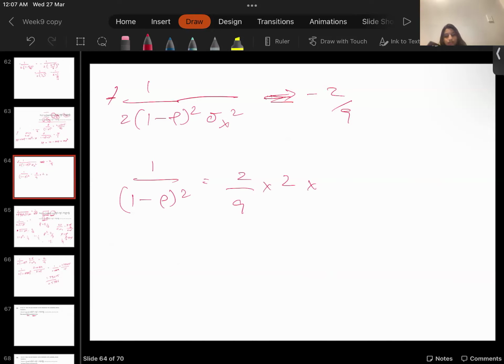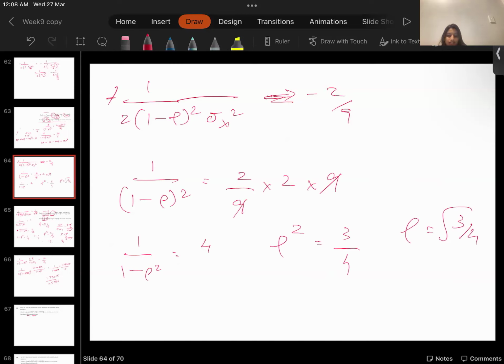Sigma x square was 9. So 1 by 1 minus rho square is equal to 4. Yeah, I tried the same thing. Either way, we are getting rho square is equal to 3 by 4, so rho is square root of 3 by 4.